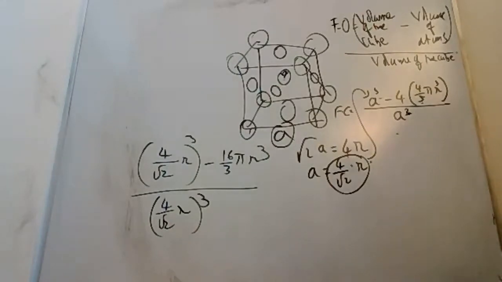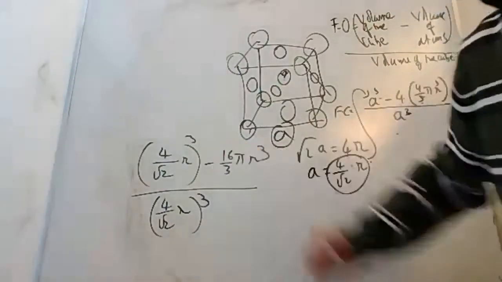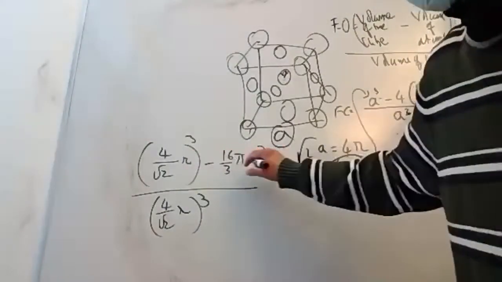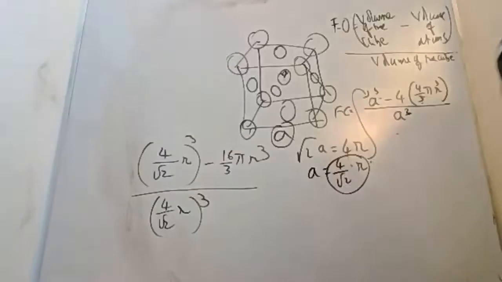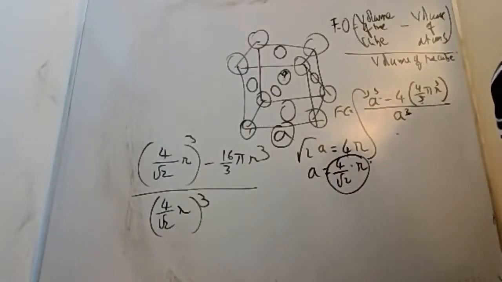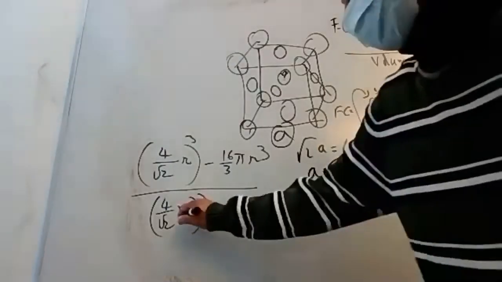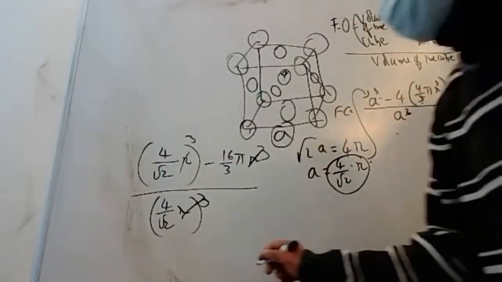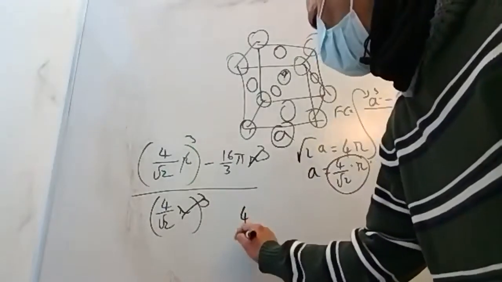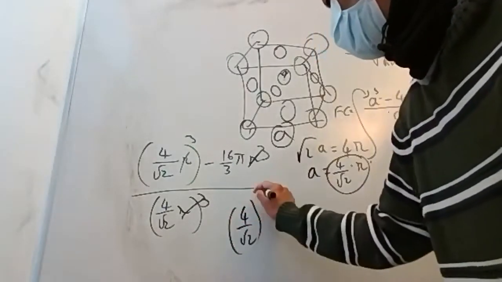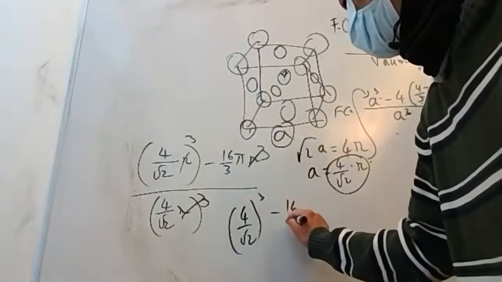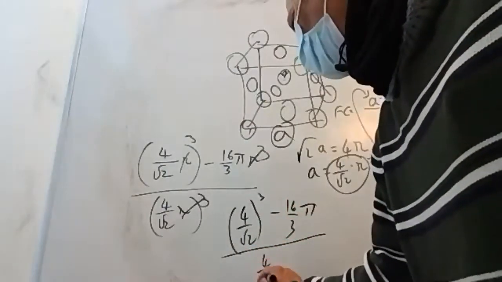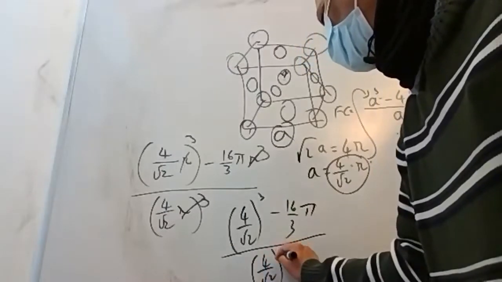There is an R cubed, there's an R cubed, and there is an R cubed here, right? So simple math tells us that we can cancel the R's now. So this is simply 4 over square root 2 cubed minus 16/3 pi, divided by 4 over square root 2 cubed.